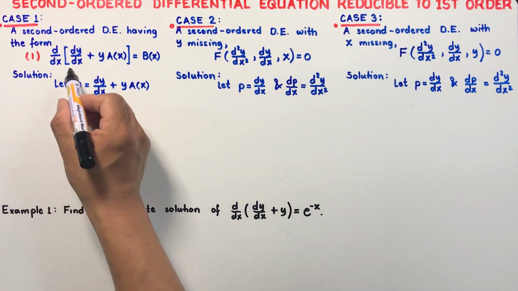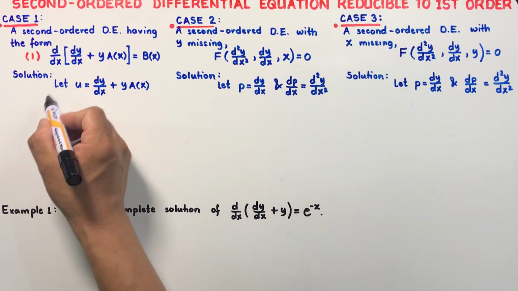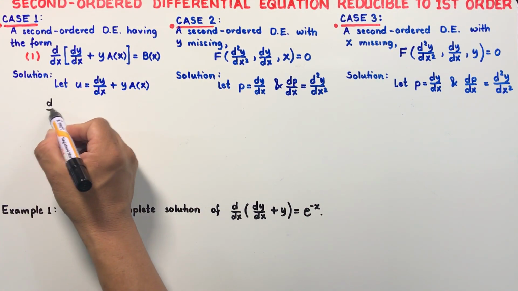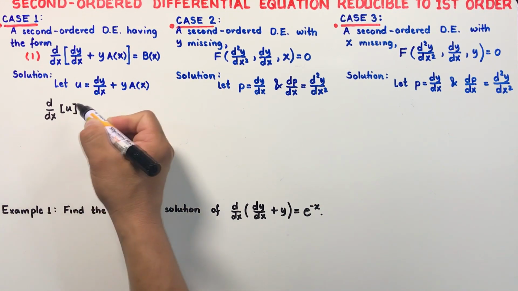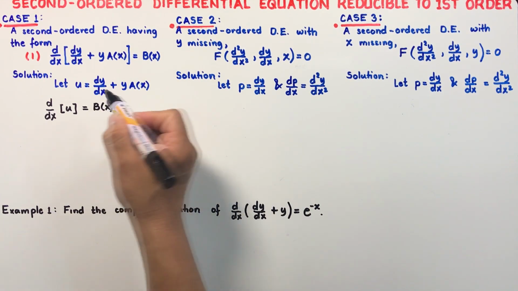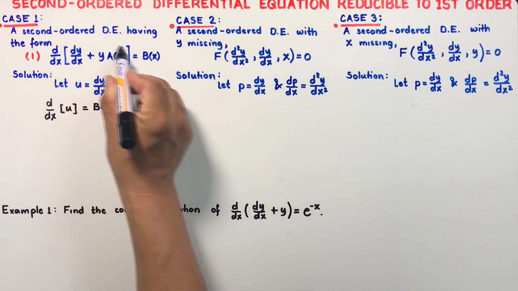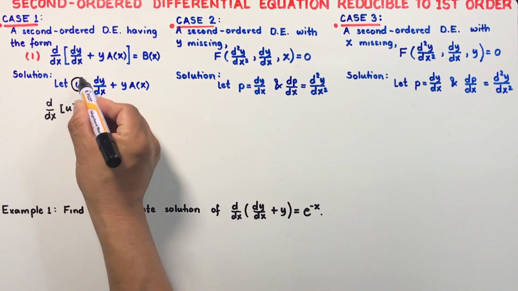So when this is your u, you can rewrite this as du/dx, which is equal to b of x. Because instead of writing the expression, you write its representation, which is u.